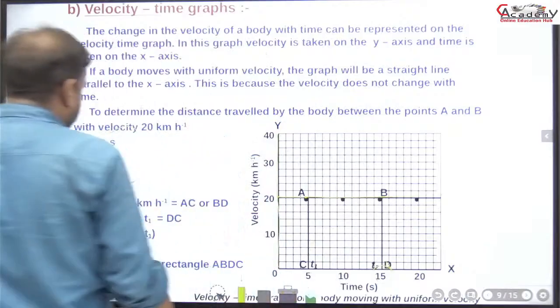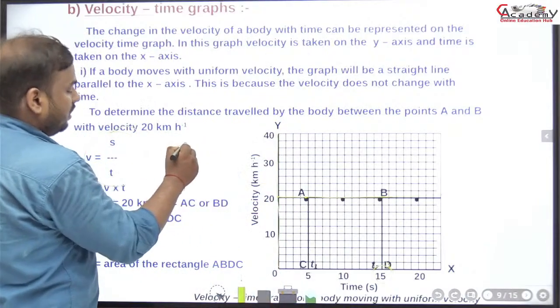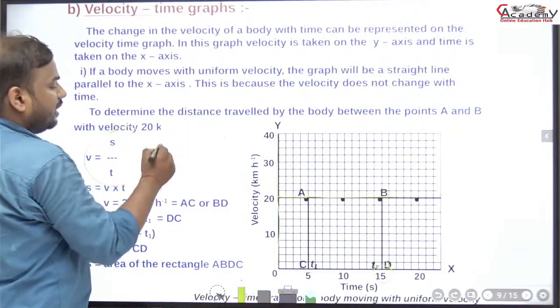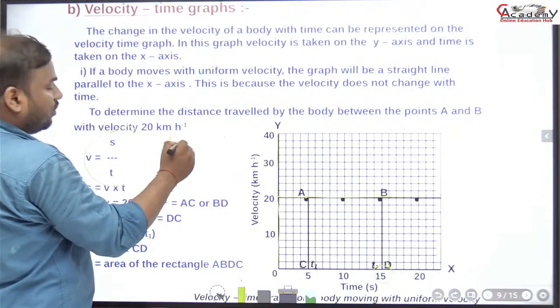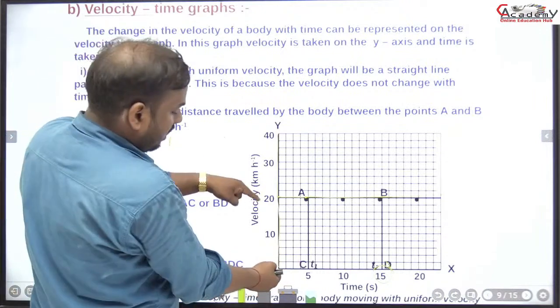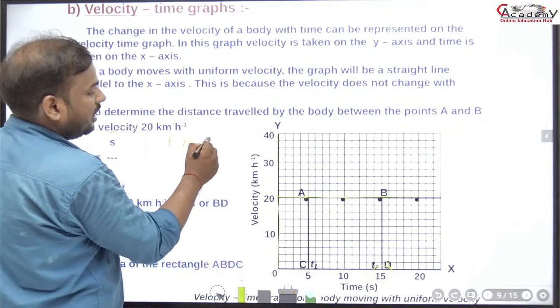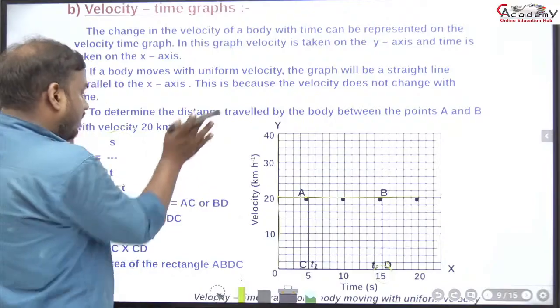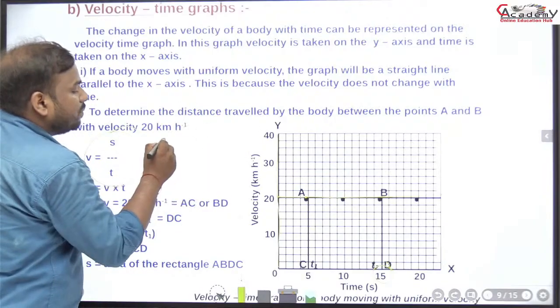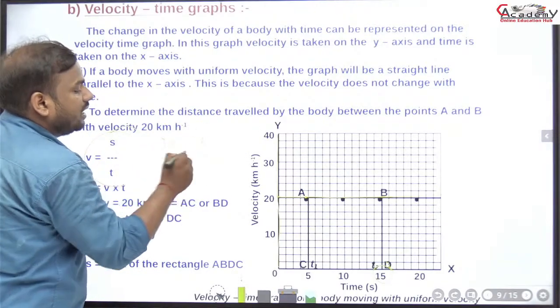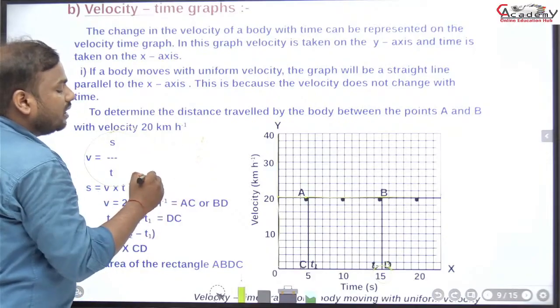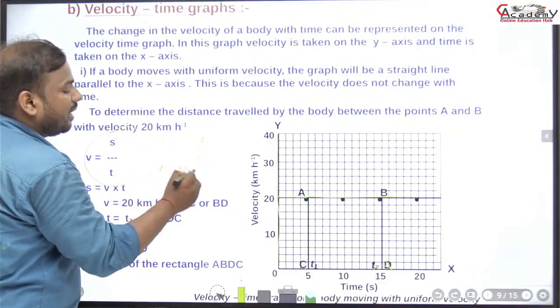Velocity is AC, and we know that speed, or velocity, is equal to distance upon time. So distance is equal to velocity multiplied by time.